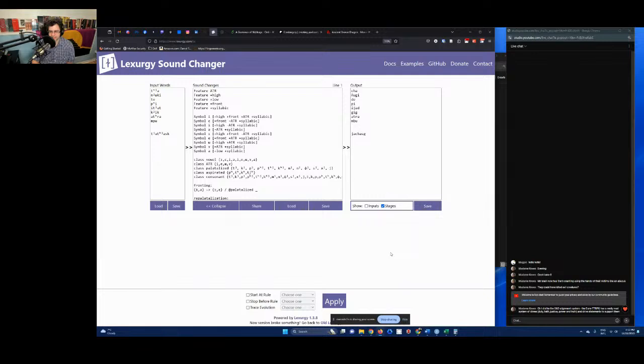But the next time I'm DMing, my idea will be: alignments are for outsiders. Alignments are just categories of supernatural beings, and we don't need to worry about what humans do. There are a lot of more interesting ways to define the moral beliefs of your character than this good, evil, law and chaos stuff.